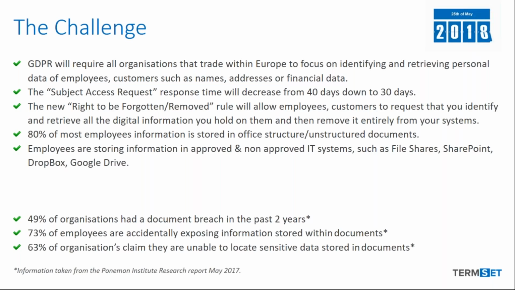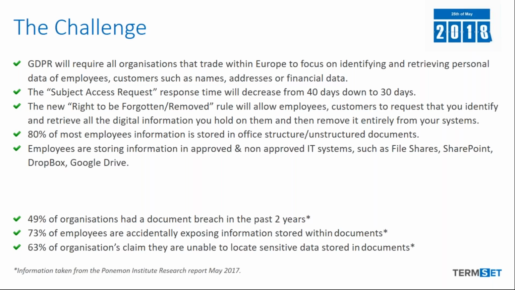And then the last 3 bullet points on the slide talk about a report that was taken out last year, which talks about how a lot of companies have received document breaches in the past 2 years. So before GDPR has even come into effect, you probably read in the press on a weekly basis that a number of companies across Europe have been called out for exposing sensitive data accidentally. An interesting point on this slide is that about 70% of employees are accidentally exposing data in their documents.